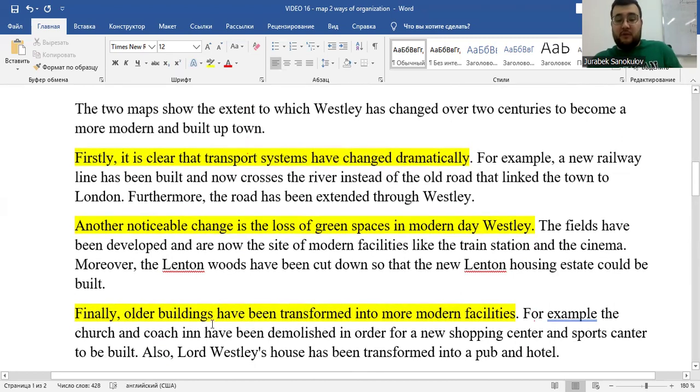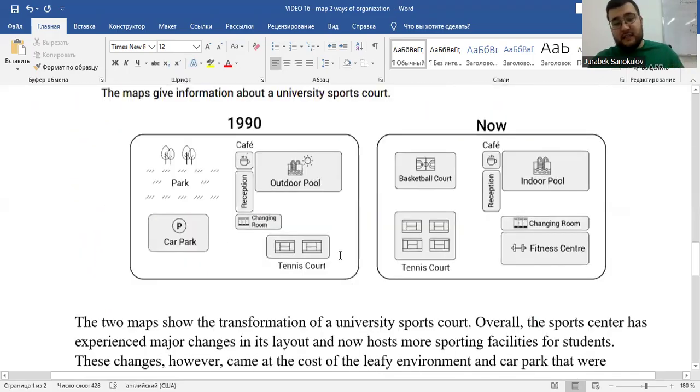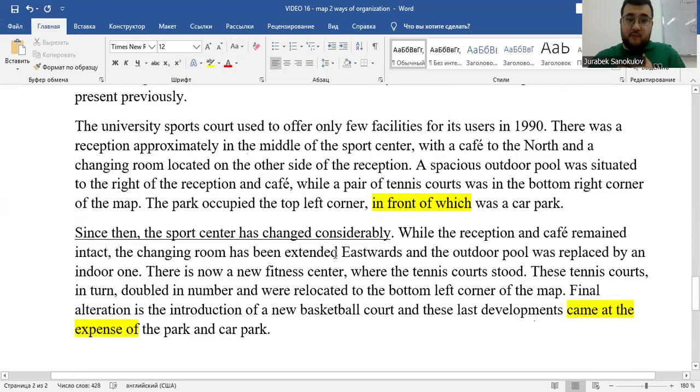But remember, to be able to do this, you must have a clear principle as to how you divide information. And this approach is my approach. I personally prefer this approach, and it helped me get a very good score in writing.